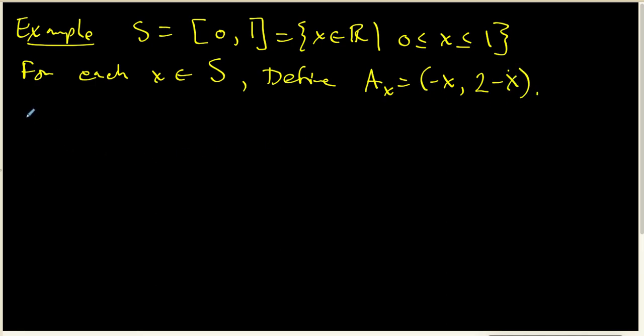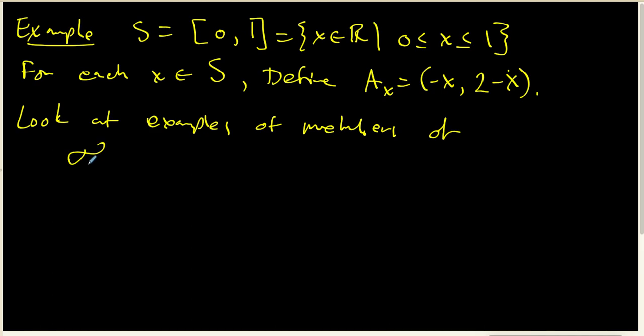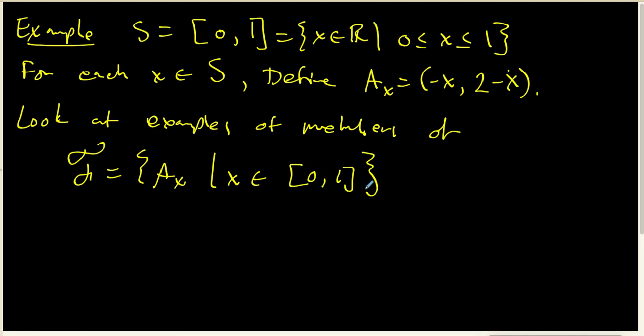And all I really want to do right now is look at examples of members of this uncountable family of sets. And I know it's an uncountable family because intervals of real numbers are uncountable.